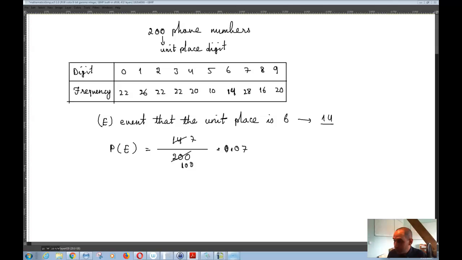Now, question number 5 is the record of a weather station shows that out of the past 250 consecutive days, its weather forecasts were correct 175 times.